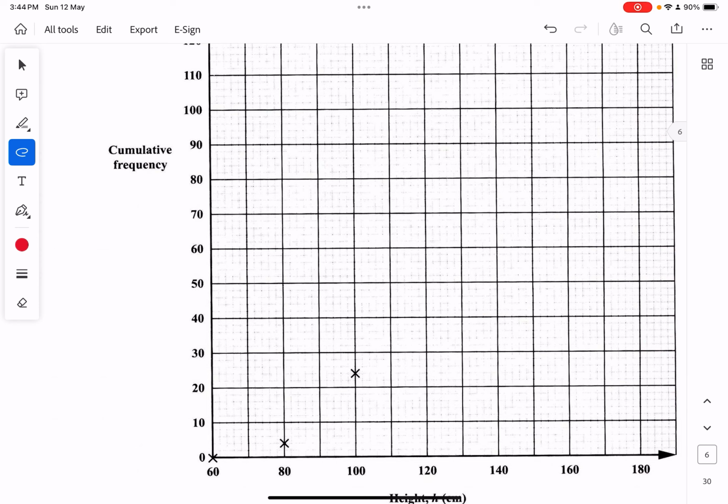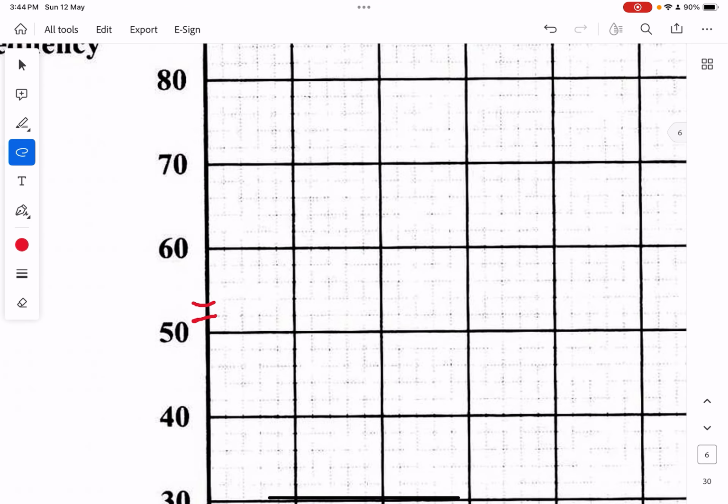On our y-axis, we have that 1 cm is equal to 10 units, so each one of the smaller lines in between carries 2 units. So this is 50, 52, 54, 56, and 58. 59 is going to be somewhere in the center here.